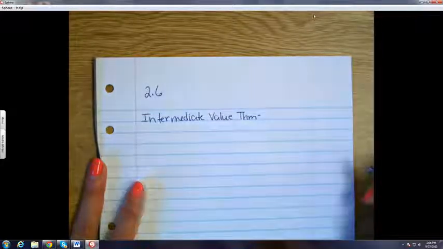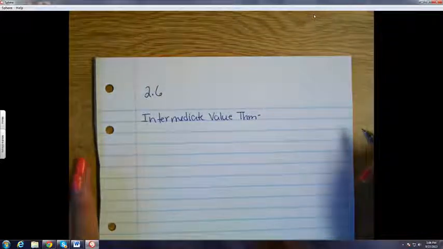Okay, I'm going to give you the book definition and then I'll say it in terms that you can actually understand.